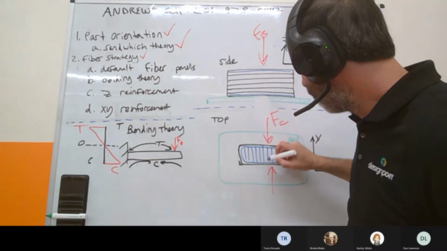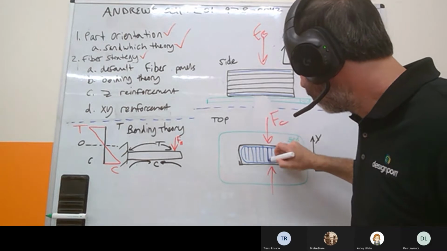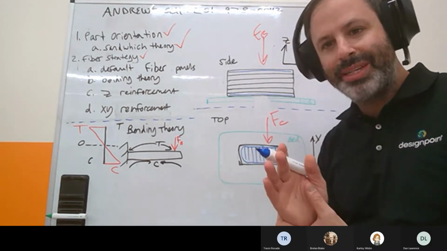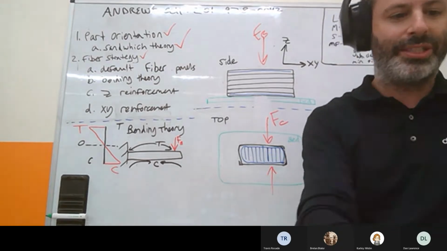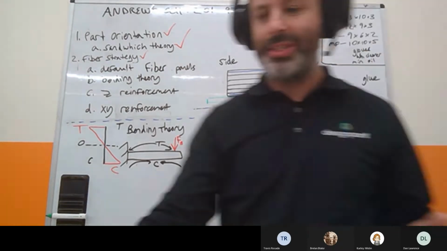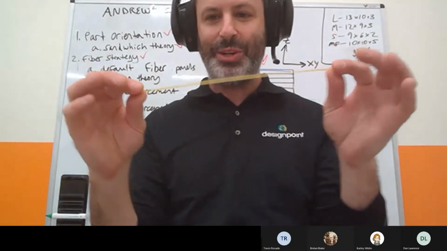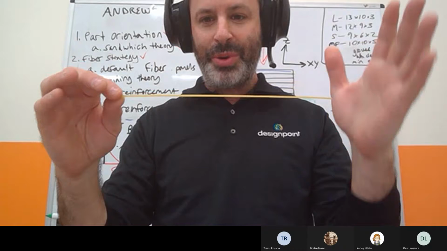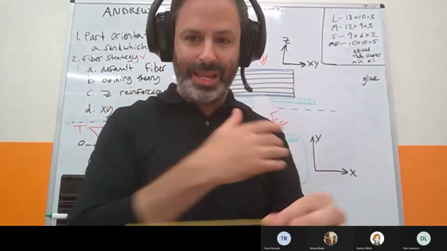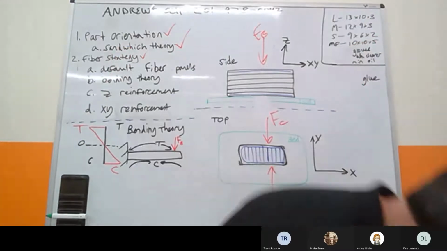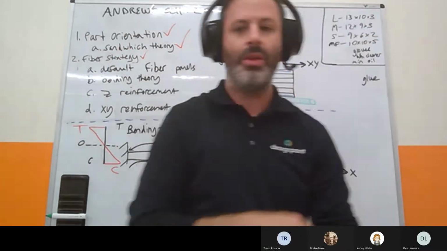So when you put a compressive force on it, you're putting each one of these bits of fiber into compression where it easily breaks. A good way to think about this is a piece of spaghetti, right? So this represents a piece of your fiber. If you put the fiber into compression, like this, what happens? It breaks extremely easily. And that's what's going to happen to your fiber.